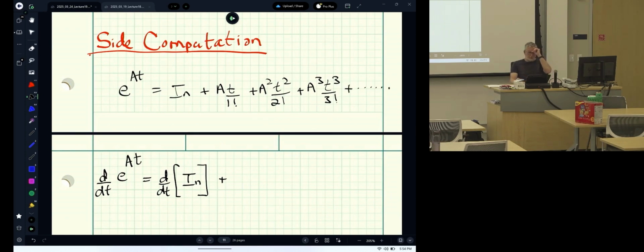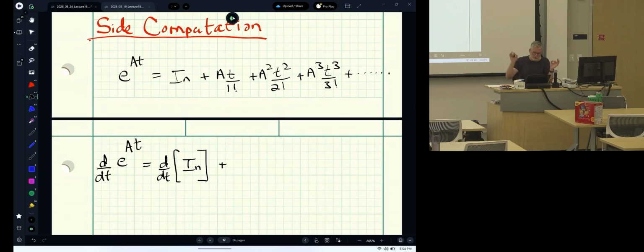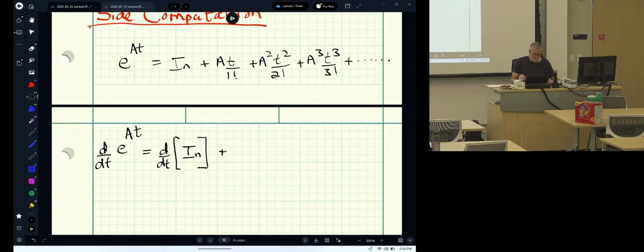So there's the series of n by n matrices that we add up to get what's called the matrix exponential. If I wanted to differentiate this, I just differentiate it term by term. Okay, let's see if what I'm writing down makes sense to you guys.